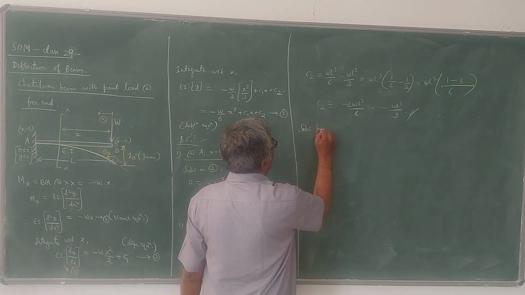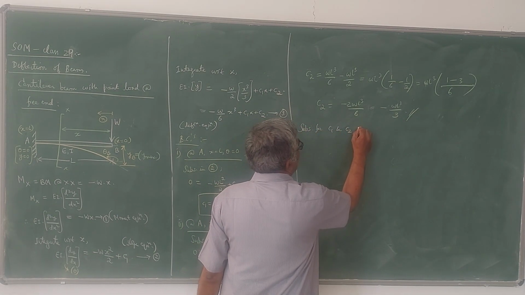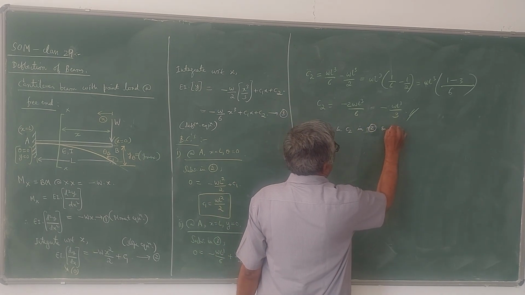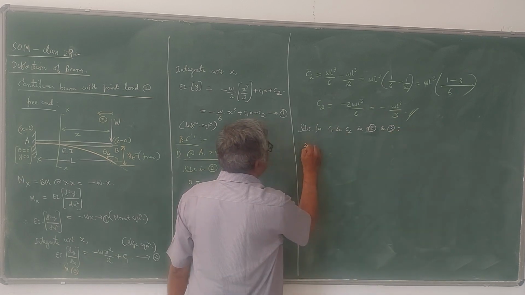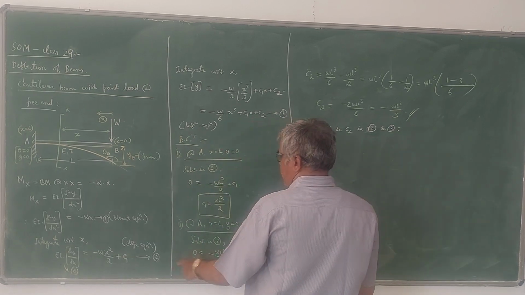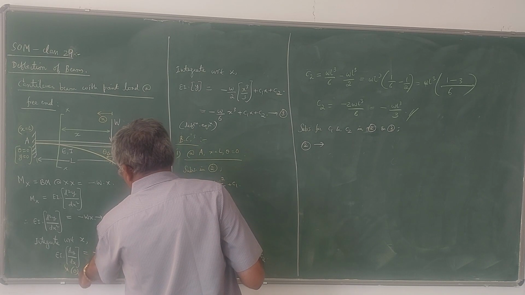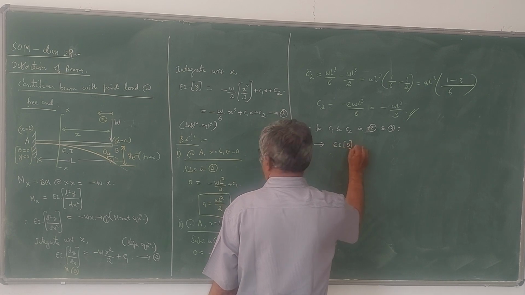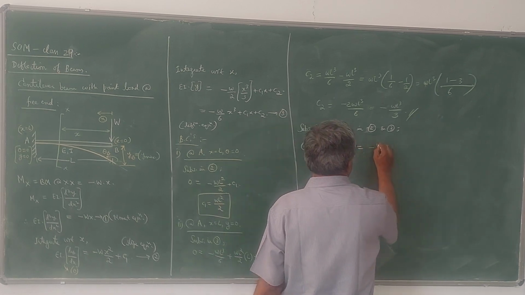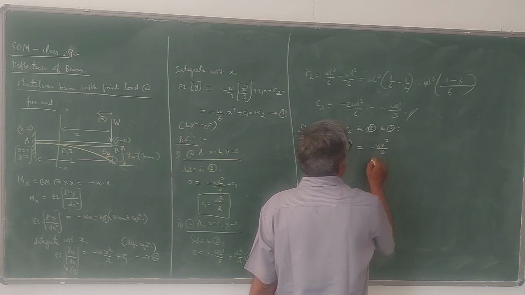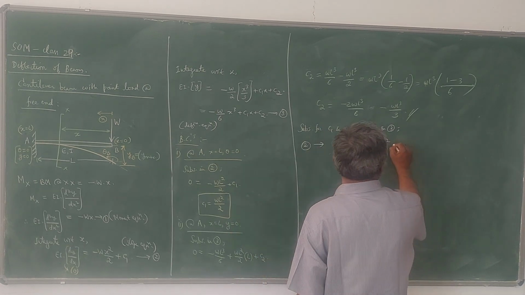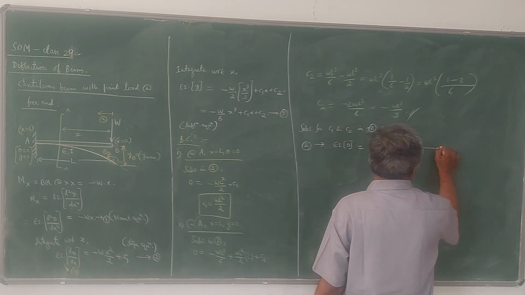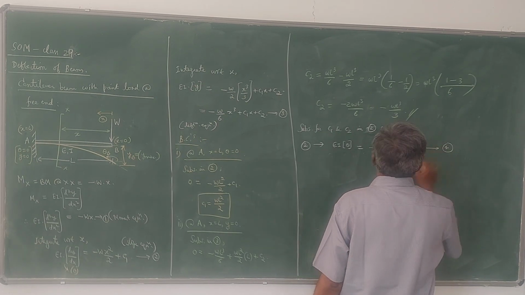Suppose I substitute in equation 2, here in this equation, EI into theta will be equal to minus W x square by 2 plus C1. So plus C1 is plus W L square by 2. So this is the final slope equation and is called equation 4.